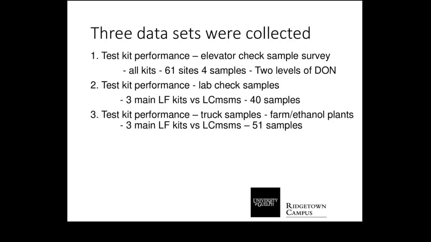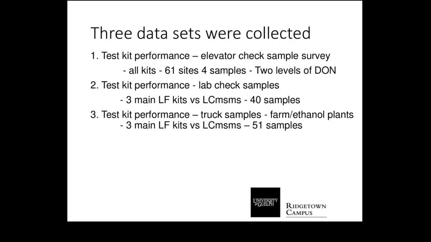Each one of those sites was using whatever kits they were using. And we sent 4 samples, duplicates of 2 different concentrations. One was around 1 part per million, and one was around 4.5. We wanted to send them in duplicate so we could pick up some variation between test results within a location.